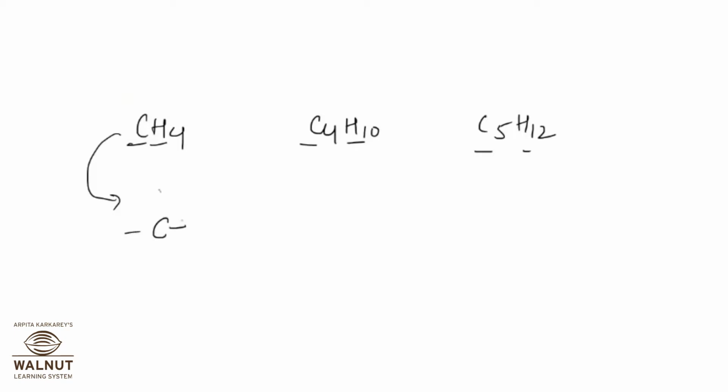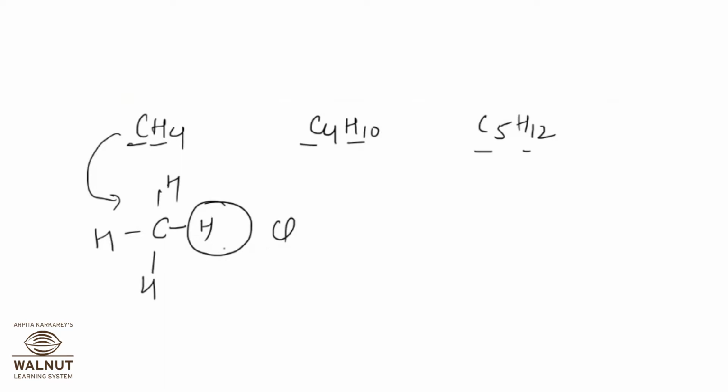So if this is your methane, CH4, I can replace this hydrogen with chlorine. In that case, it no longer remains methane. That is correct. If you say, ma'am, I will replace one hydrogen with chlorine, that will not be methane.